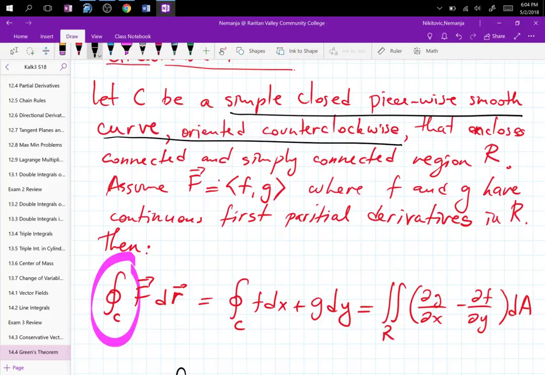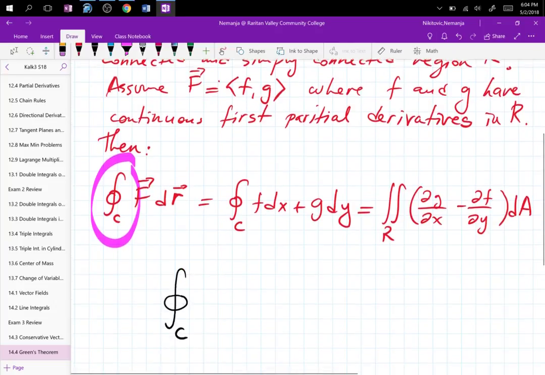That's what it means. It's a closed curve. So you see that little circle over the integral means that it's a closed curve, and then it has the connected and simply connected region inside. We know that you can't have islands and stuff that we had in the previous section if you looked at it at all. So that's the notation.